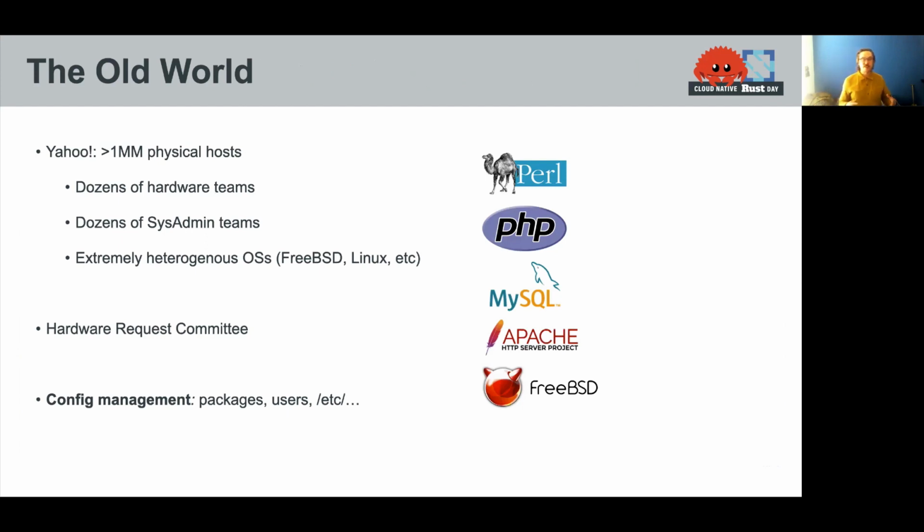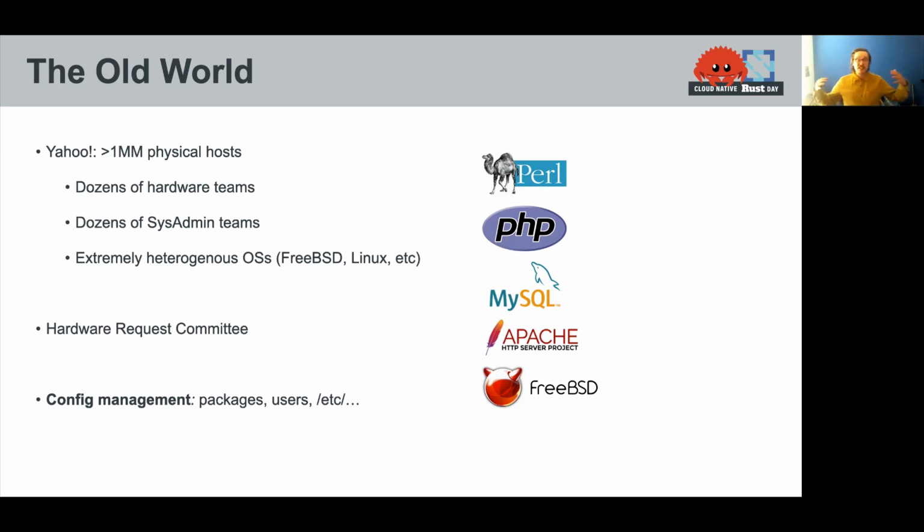So when I entered the industry, when I started working at Yahoo in 2007, Yahoo was a big old internet company. They had literally millions of physical hosts that were managed. And they were managed by dozens of hardware teams, people in data centers, people provisioning hardware, and also dozens of sysadmin teams. So our team in production operations was one of many responsible for managing these fleet of hosts across the world.